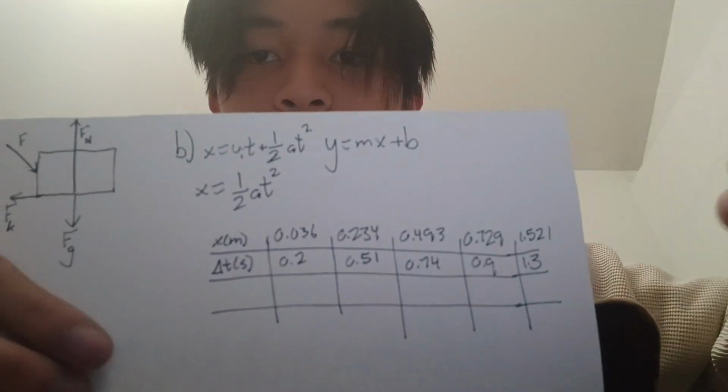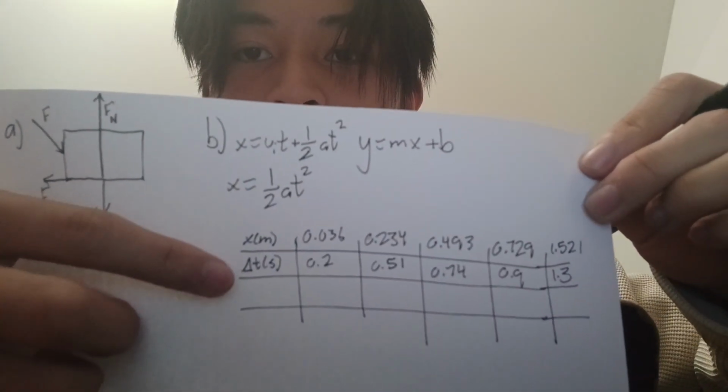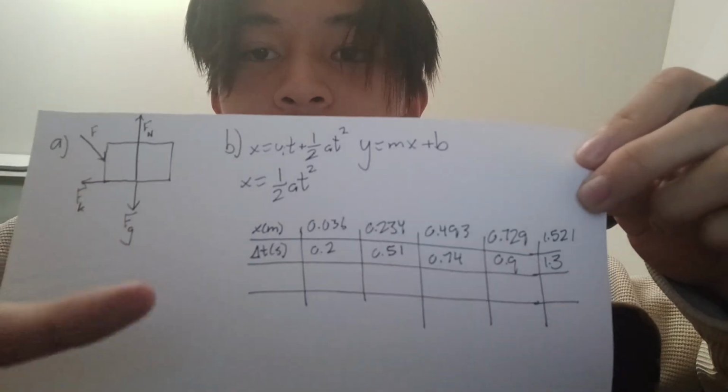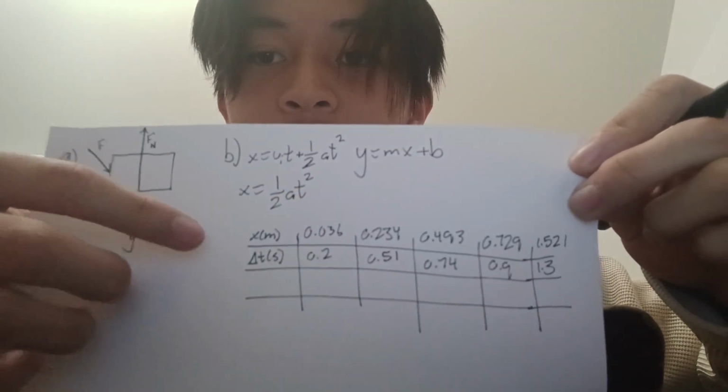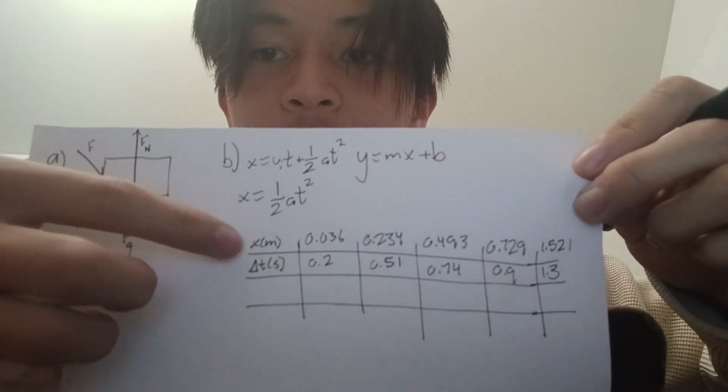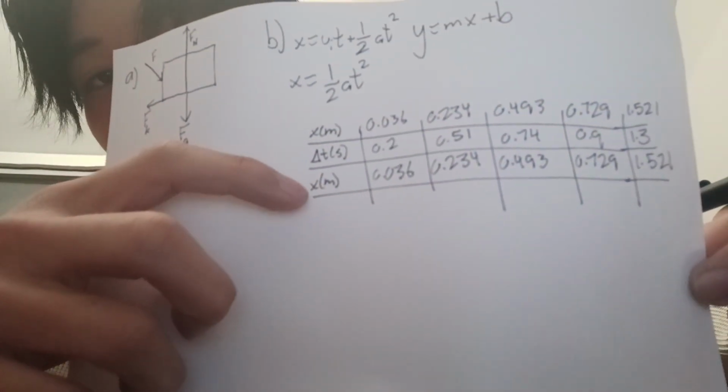And so what we need to do is square these t terms and make that our x. The position values stay the same, and then we're just going to square all the t values and put them down here.